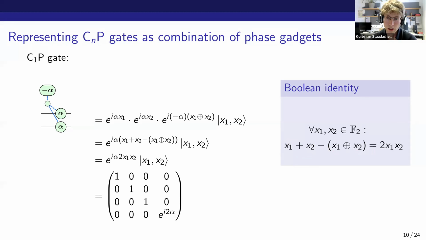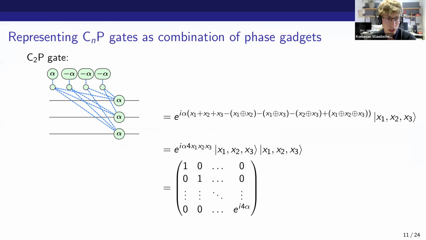And this is what we really want to have for a multi-controlled phase gate, because here we have this multiplication, and this, of course, is only equal to 1 if both x1 and x2 are equal to 1. So what we get is this matrix where only for the basis state ket 1,1, we get a phase shift of e to the power of i 2 times alpha.